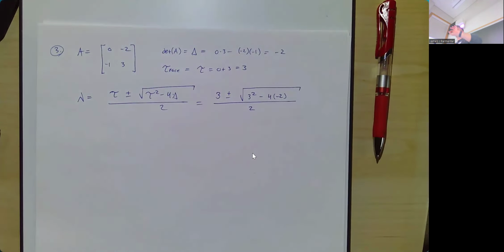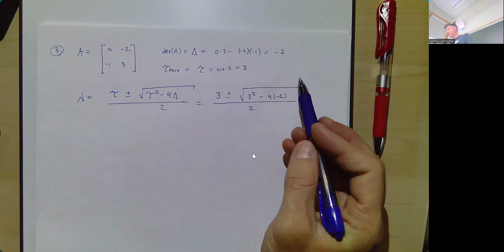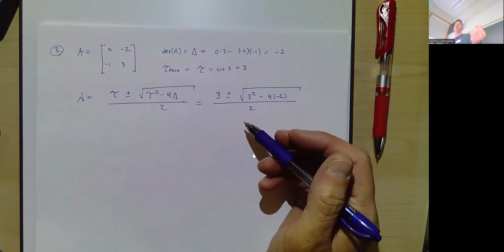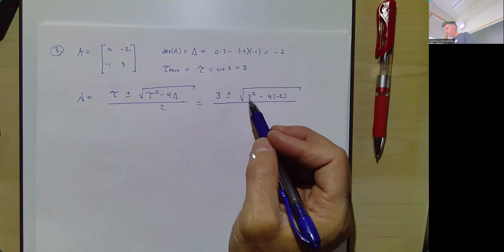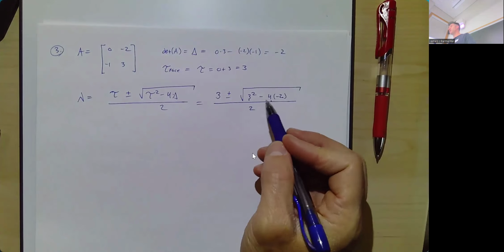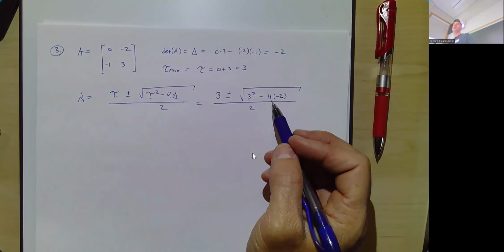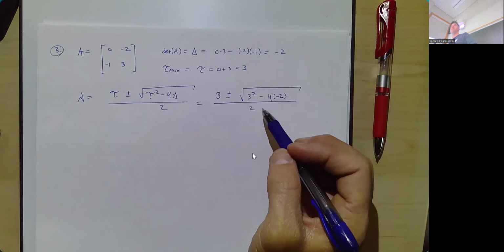And I know for sure, because my determinant was negative, because this delta was negative, this whole equation is going to give me one positive value and one negative value. And here's why. 3 squared plus a number, plus 8 in this case, is bigger than 3 squared. It's bigger than 9. So the square root of this is bigger than 3.